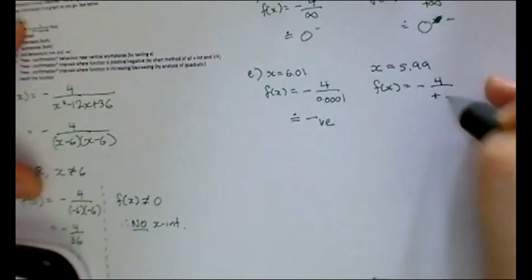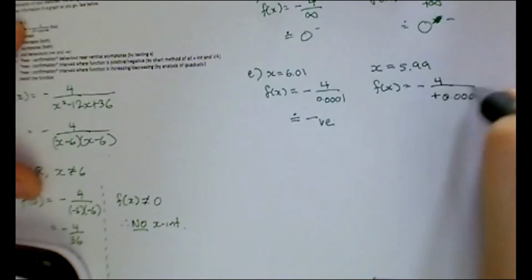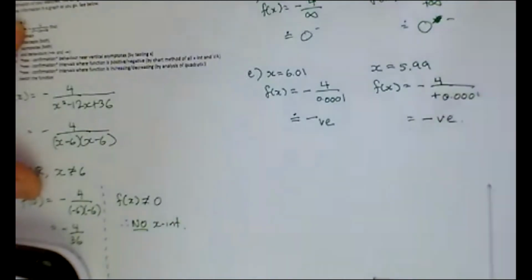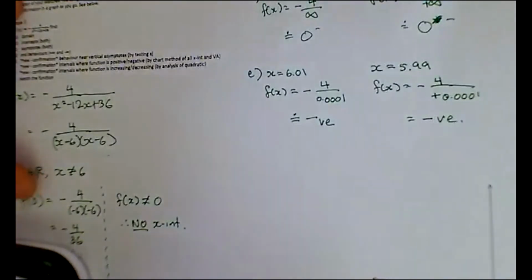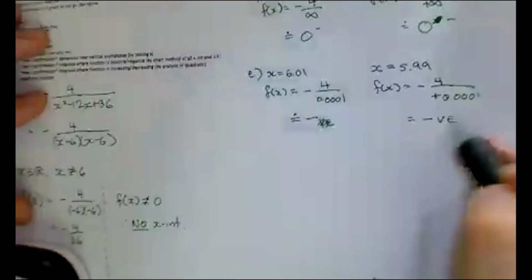That's going to be a positive 0.0001, which is still going to be a negative number. Okay. With this information, let's see what the graph gives us. Yes, negative. Sorry. Negative. All right. Here we go.